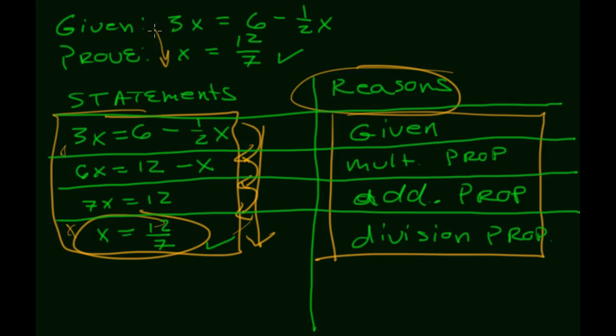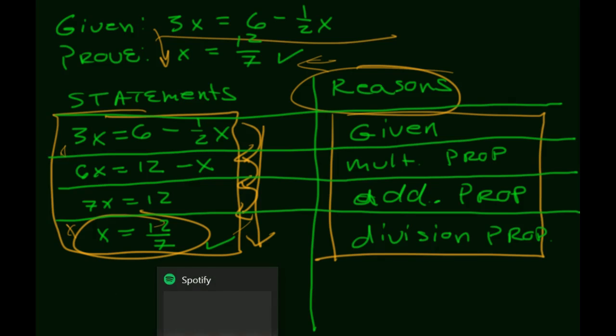It goes from the given to the proof. It's like, if this, then this. All right, so there we go. We can use the properties of algebra to solve or to prove equations and prove that something is a solution to the equation, or to justify the solutions that we find in algebra. Thank you.